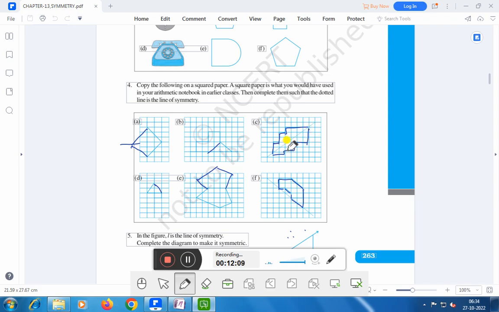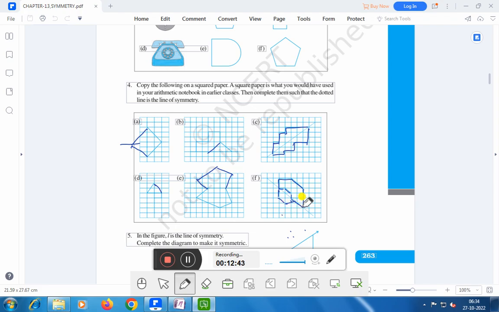In this way, you can draw the nearly two equal parts, right? Here also you can find two equal parts like this, right? Into two equal parts. Nearly equal.